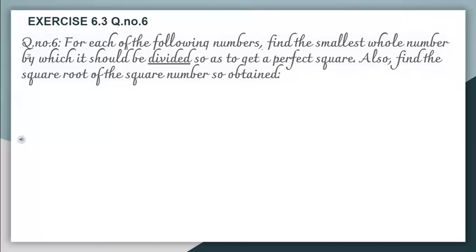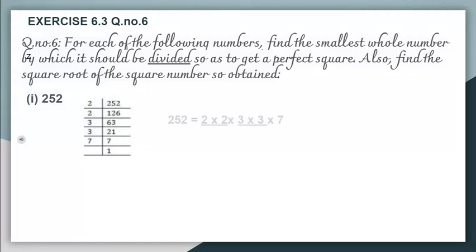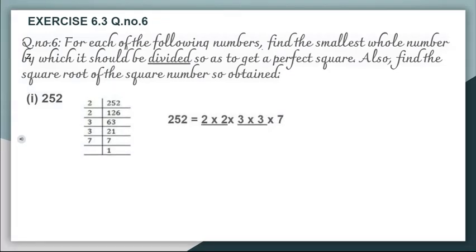Question number 1. The number is 252. First, take the prime factors of 252. You already know how to find the prime factors, isn't it? Start with the smallest possible prime number. After prime factorization, we got 252 is equal to 2 into 2 into 3 into 3 into 7.